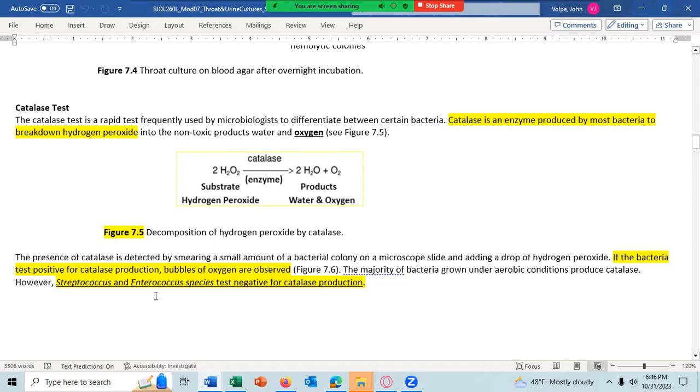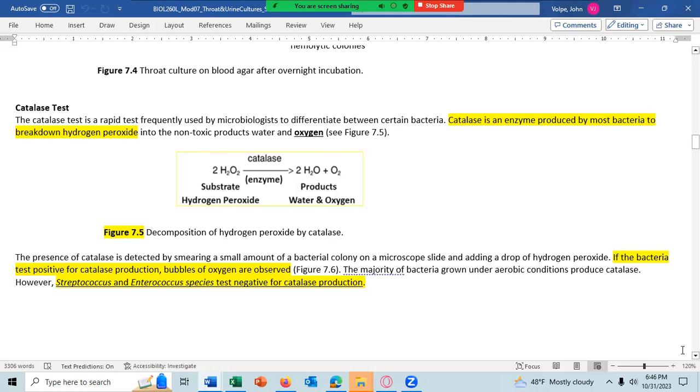Streptococcus and Enterococcus are the species or the families of bacteria that can grow in oxygen but are catalase negative. Most species that can grow in oxygen are catalase positive. So if the bacteria is beta hemolytic and catalase negative, it's likely to be Streptococcus or Enterococcus.